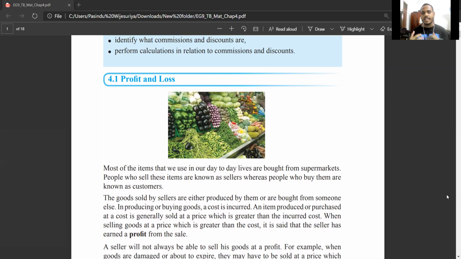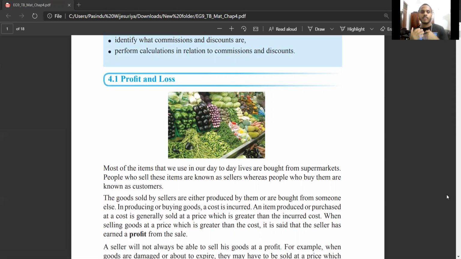Then you are selling it with a profit. So profit is the amount you get when you subtract the amount that you bought it for from the amount that you're selling it for. So if it's a positive value, if you are buying it for a price and you are selling it for a price which is higher than that, it will be a profit.